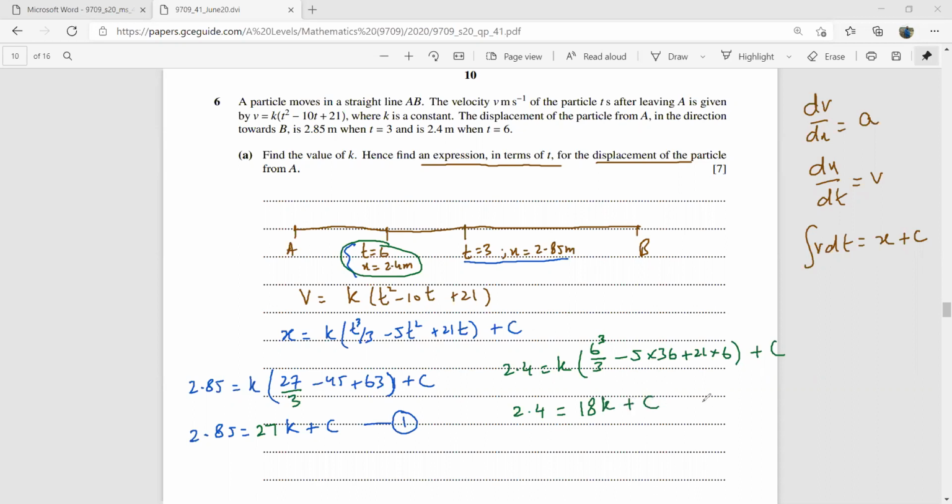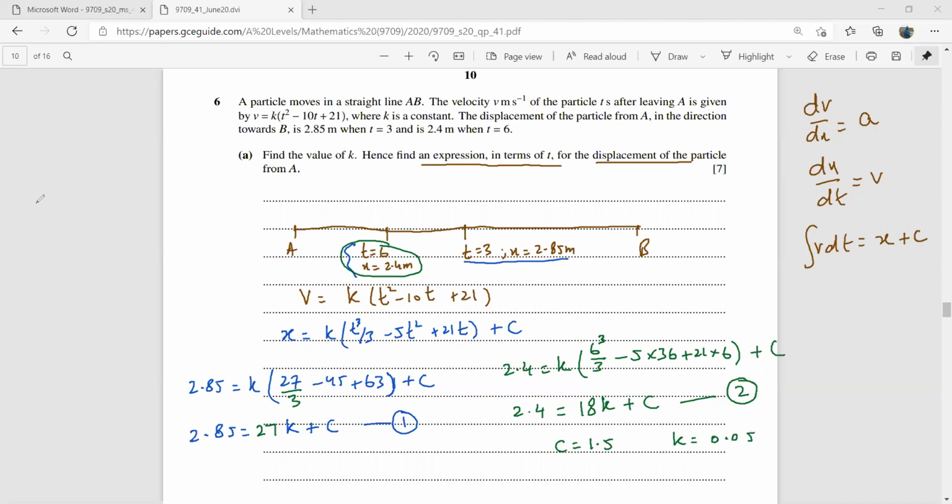Because I don't have the calculator with me, you people are telling me all these values, okay? So these are the two equations. Please solve them simultaneously and tell me what is your C and what is your K. I think C will be 1.5 and K will be 0.05. Please confirm that.